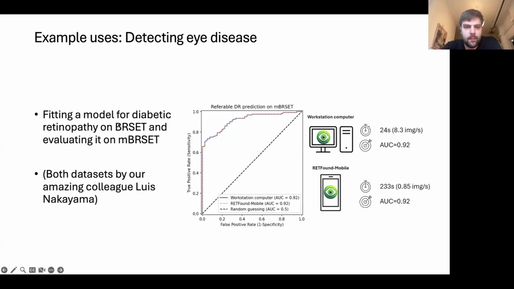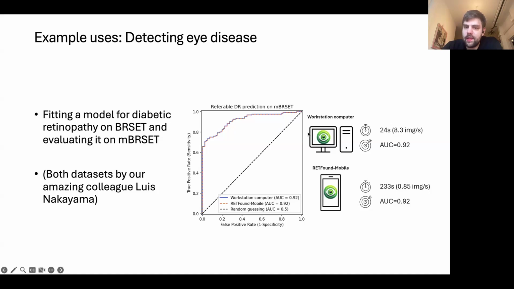As an example, there are 2 really cool data sets on PhysioNet called BRSet and mobile BRSet by a colleague of Michael and mine. This year for ARVO, one thing we submitted shows that with RETFound-Green, we can fit a model to BRSet and evaluate it on mobile BRSet and get reasonable performance.